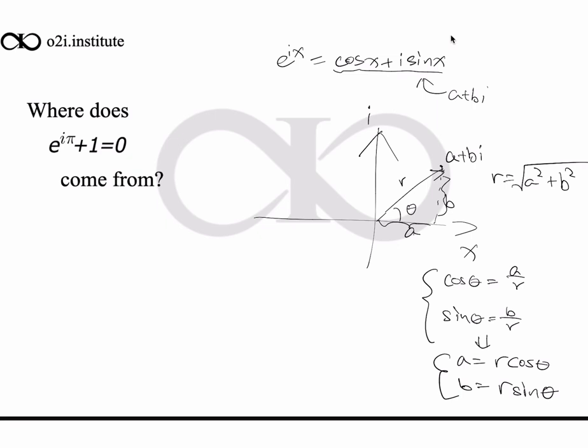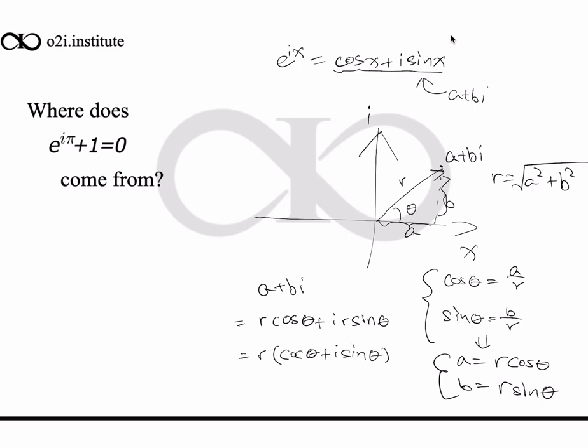So we can rewrite a plus bi into r times cosine theta plus i times r times sine theta. Okay, let's take out the r. We'll have r times cosine theta plus i sine theta. Now we have this form.